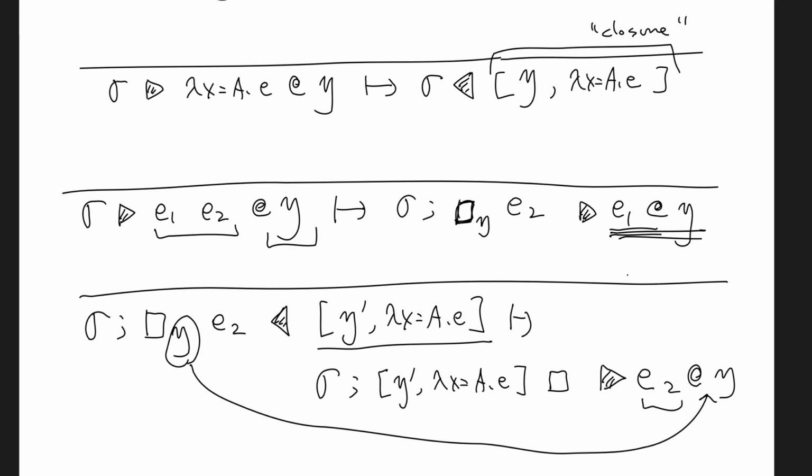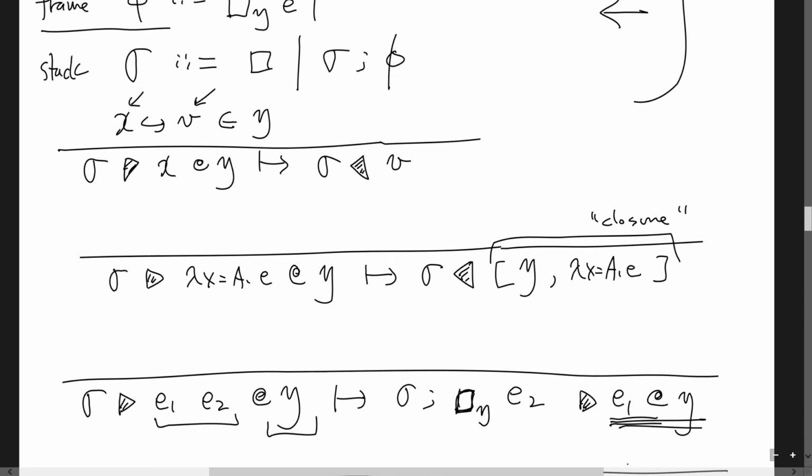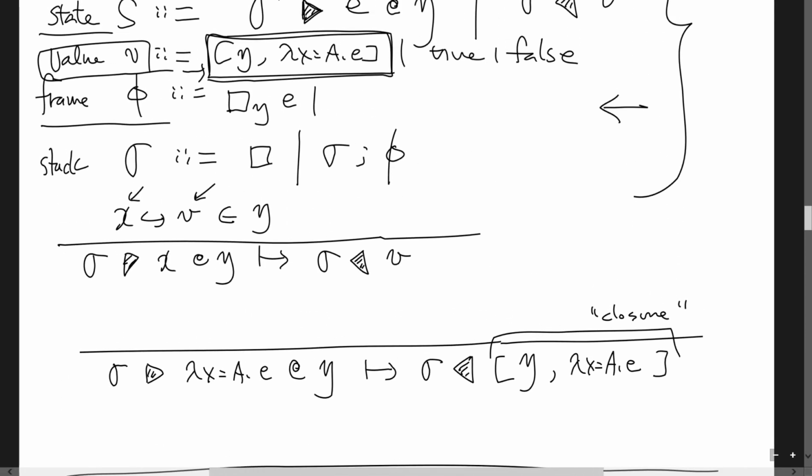So we have found the second form of frame, which is this one. So it's going to be closure lambda x a dot e with a hole.